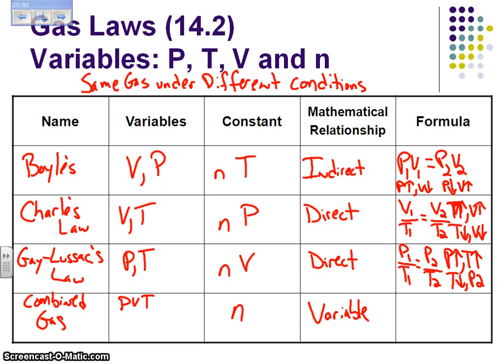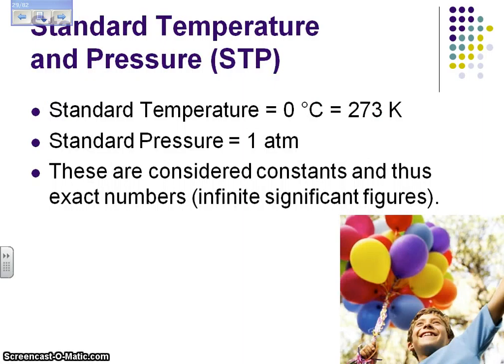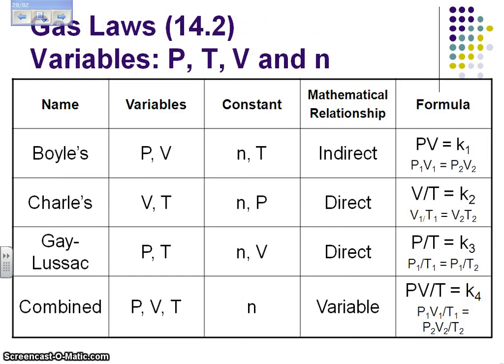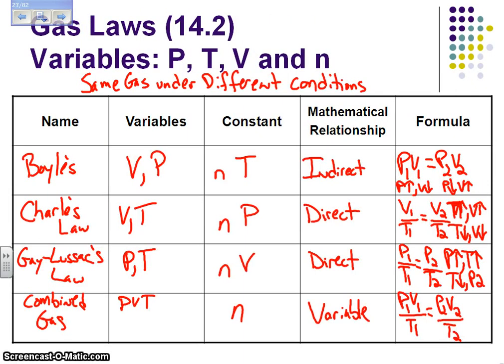The formula is a combination of all the other formulas. So the combined gas law, P1 V1 divided by T1 equals P2 V2 divided by T2. So you should have this table down in your notes.